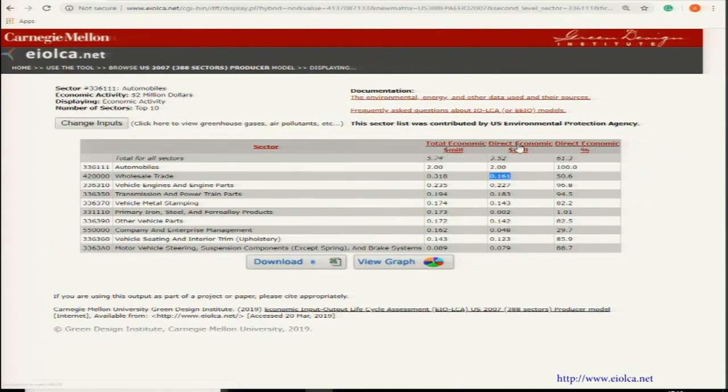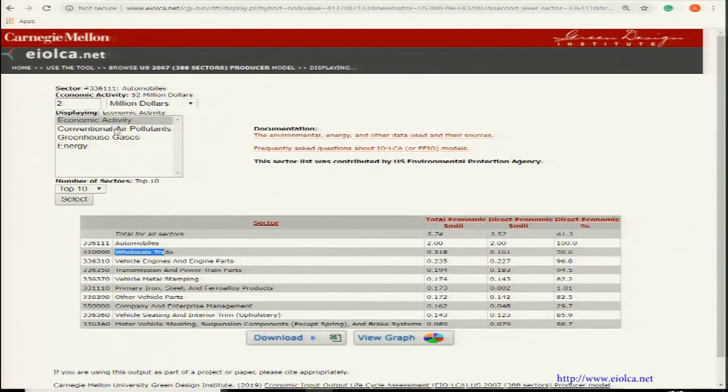So, this is direct economic effects in percentages, representing the purchases made by the industry being analyzed. It is showing that $0.161 million worth of trade is there, that is $161,000 worth of wholesale trade. This is the economic activity, right. We can change inputs to greenhouse gases. Let us see that.